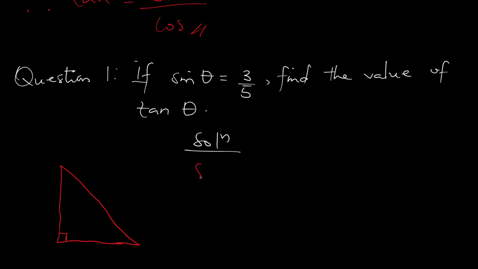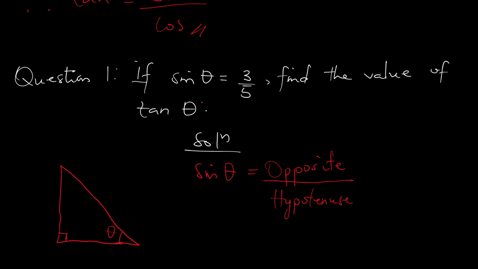Now we know that sine theta, so we have our theta here, is equal to opposite over hypotenuse. And you are saying that this is equal to 3 over 5. This means that our opposite is equal to 3 and our hypotenuse is equal to 5.